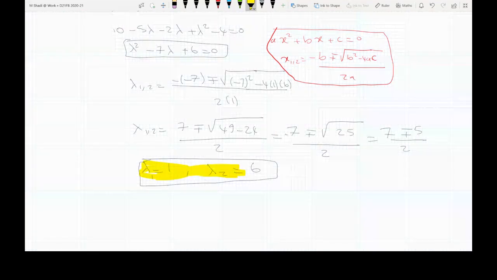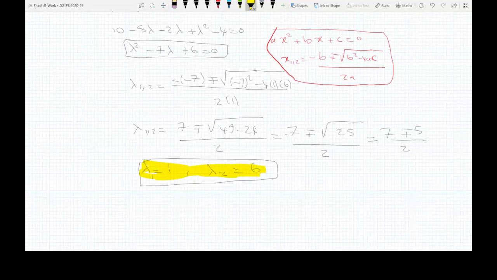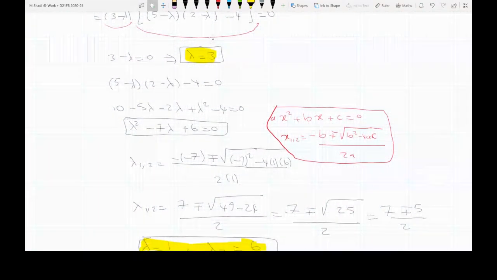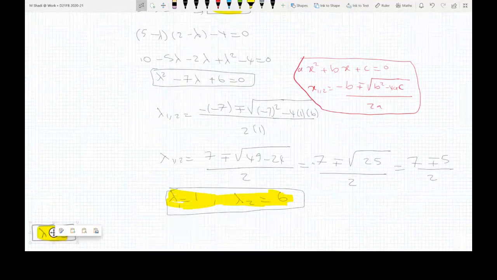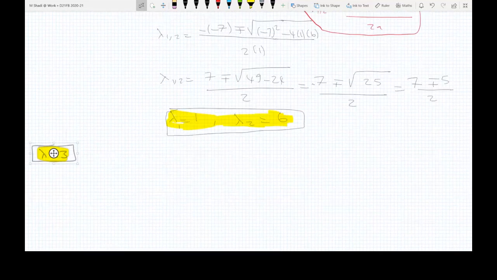These are the values I have. And also remember, I've got already 1 that is here. So I'm just going to take it down and put it next to the other guys here. I'm just going to call this one lambda 3.